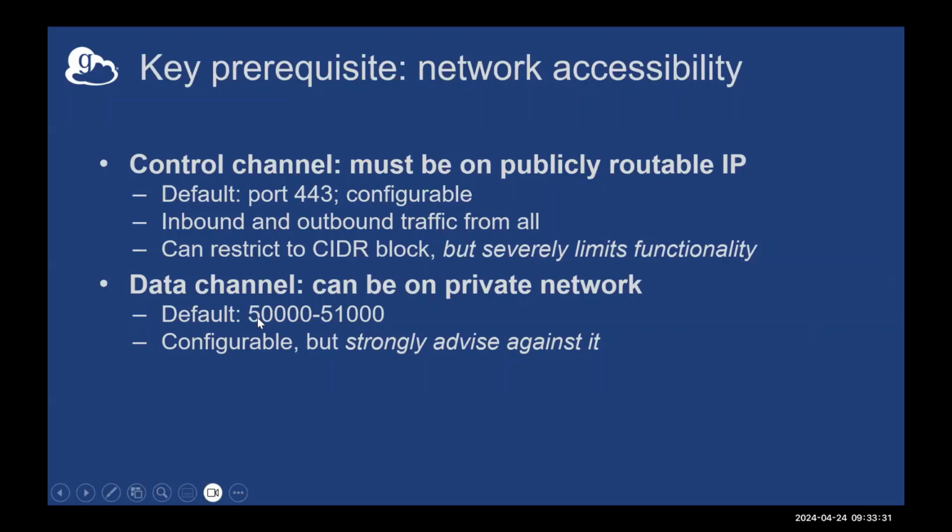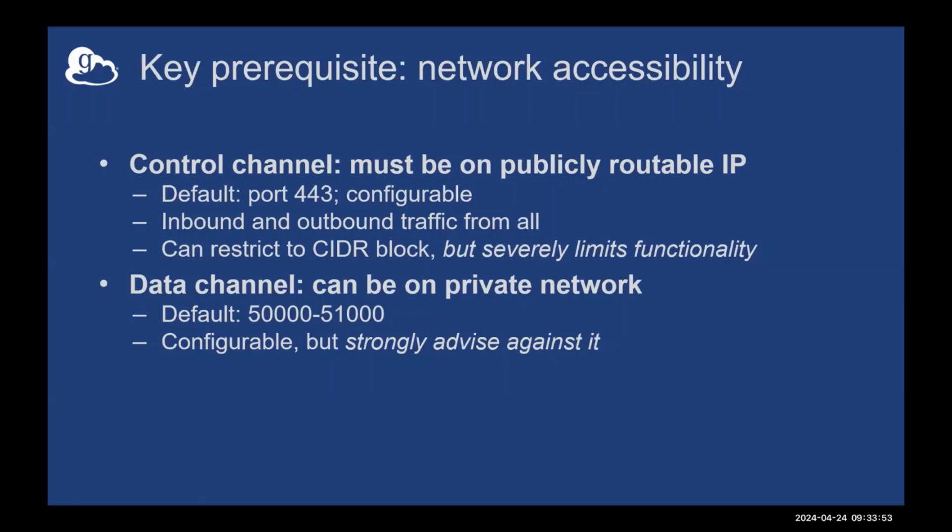This range, 50,000 to 51,000, is configurable, but we strongly advise against changing it, because when the two installations, the two endpoints, start talking and orchestrating a transfer, they look at the ports that are common between them so they can initiate the transfer.